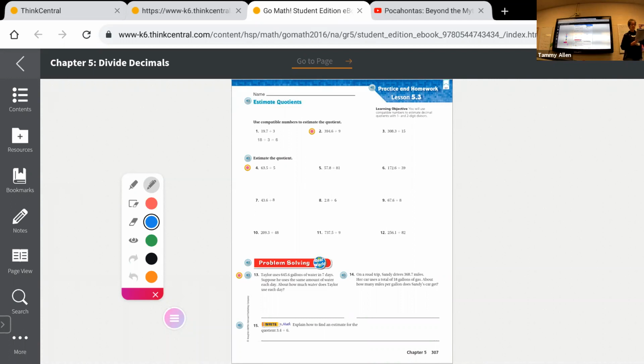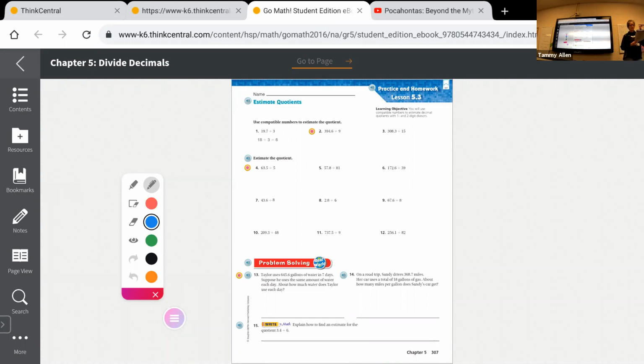I would accept that. Okay. What was number 6? 160 divided by 40 equals 4. Number 10, 200 divided by 50 equals 4 would be the most logical one to use there.